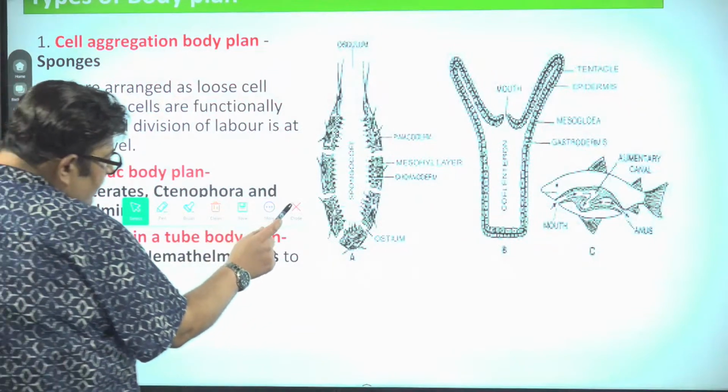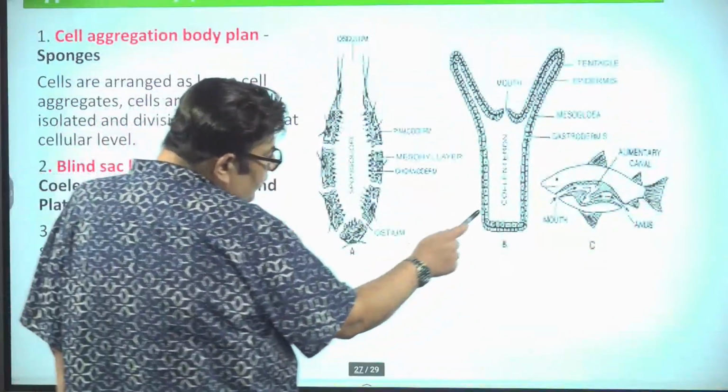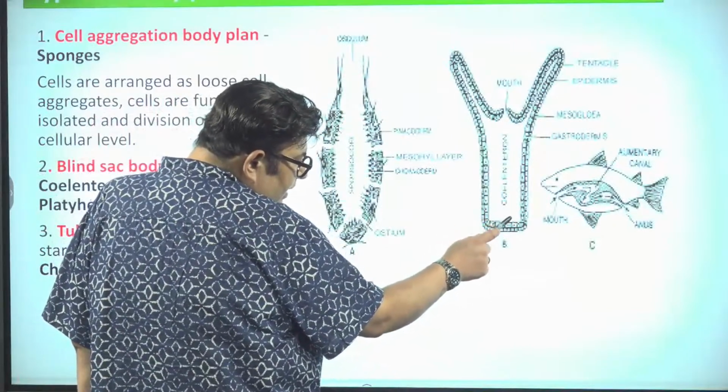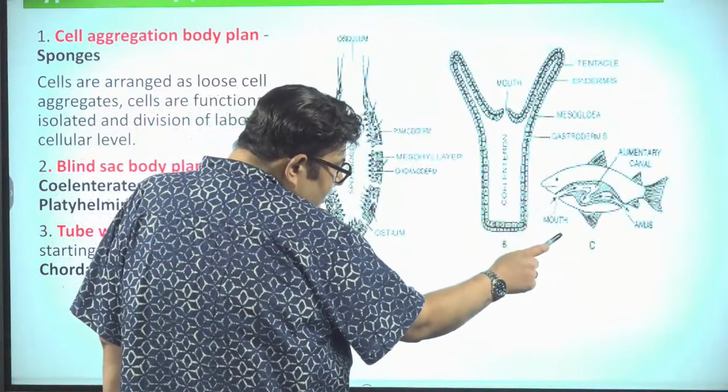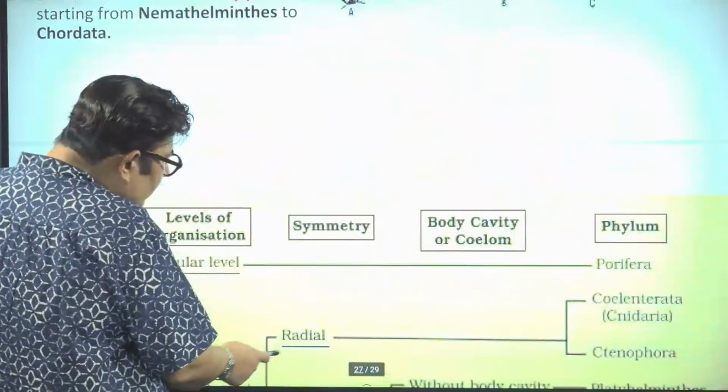Once again, the cell aggregate body plan is in Porifera. The blind sac body plan is found in Cnidaria, Ctenophora, and Platyhelminthes, and then from Aschelminthes up to Chordata, they have got the tube within a tube body plan.